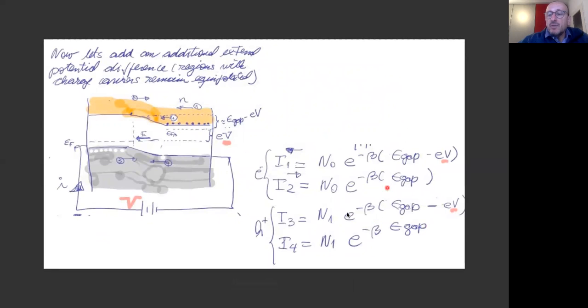The same thing I can do with the holes. And now I have a net current. This thing actually developed a net current. And you can see it's easier for these to move in that direction, and it's easier for this one to move in this direction. And when these move in that direction, they generate a positive current.